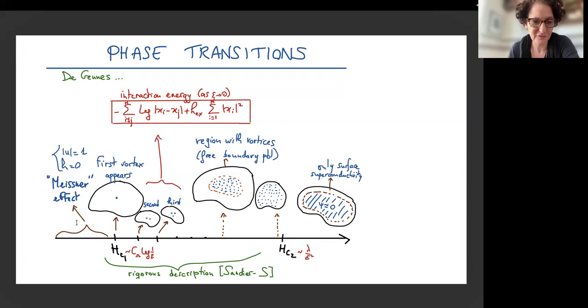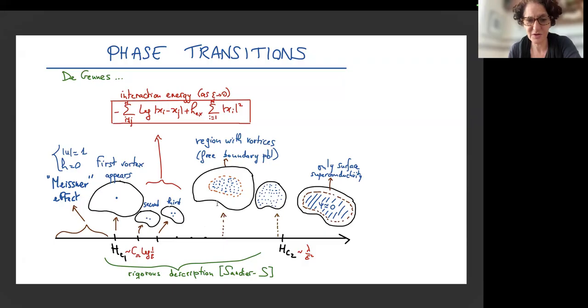You have the Meissner effect, no vortices, modulus of u is like 1, nothing happens in some sense. And then you reach H_C1, and we show it's some constant depending on omega, times log 1 over epsilon. So that's the value at which the first vortex appears. So asymptotically, it's like that. And then you can start to see a second vortex and a third vortex every time you increase H_C1 by an increment which is like log epsilon.